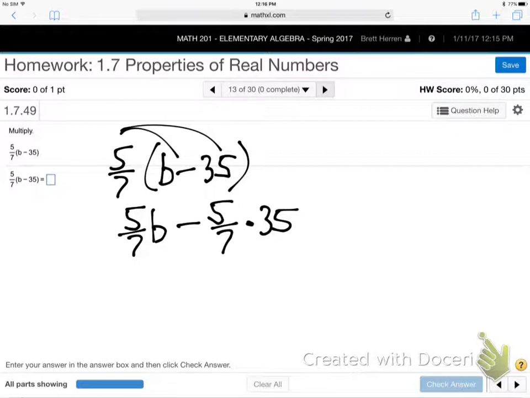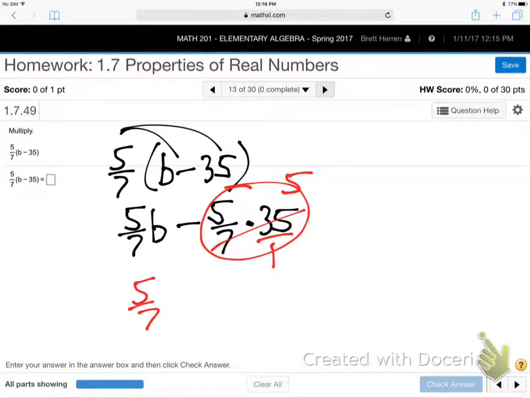Now, how do we do this right here? Good. Whenever a fraction is interacting with a whole number, put that over 1. Make it look like a fraction. Okay, and then what did we learn about multiplying fractions? You can cross-cancel. 7 goes into 35 5 times. And so what do we got?